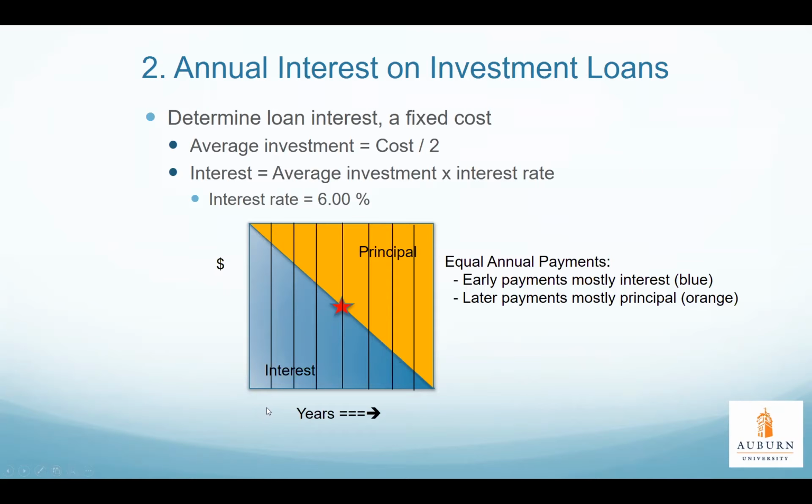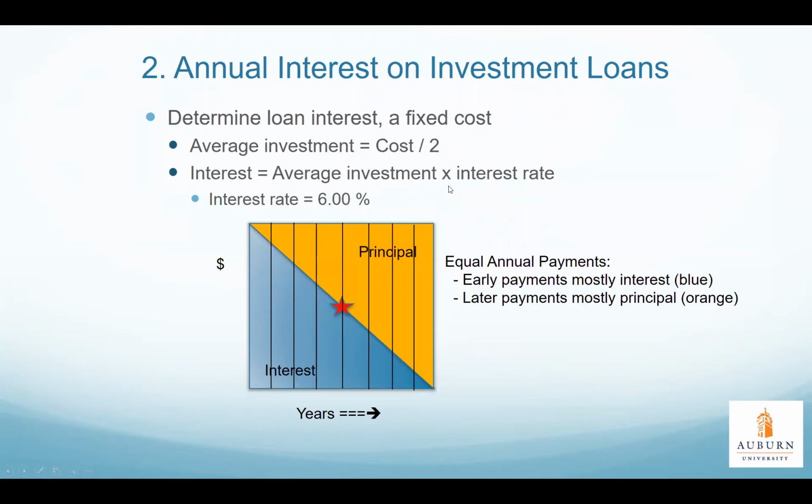As we go in time and get towards the middle, we see interest is still more than 50%, and principal is almost 50% of the equal annual payment. And then after this midpoint, we have more of the principal being paid in that equal annual payment than we do the interest. And so this spot right in the middle, which is the cost divided by 2, is what we want to use for our interest calculation.